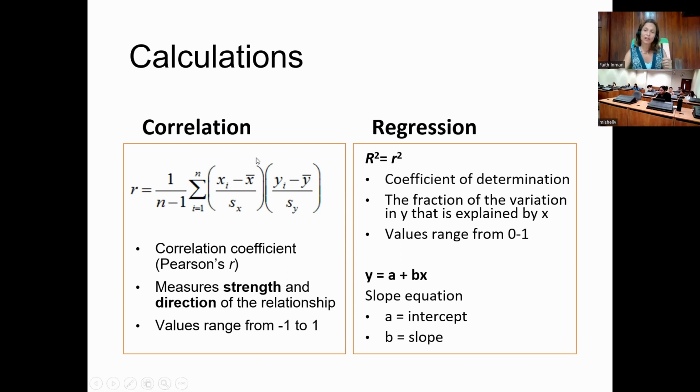The R squared is called the coefficient of determination. And what it actually gives us, which I think is so cool, is the fraction of the variation in Y that's explained by X. Like, how much does X affect Y? How much does it matter?